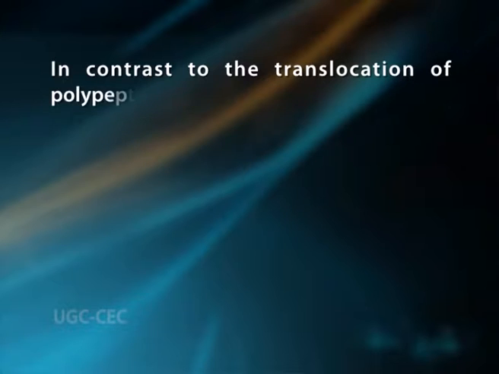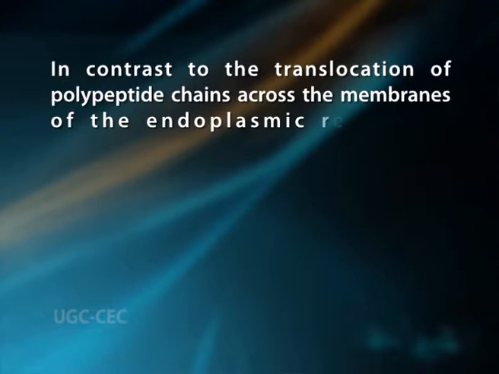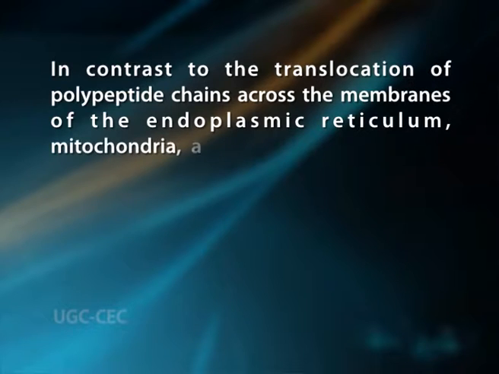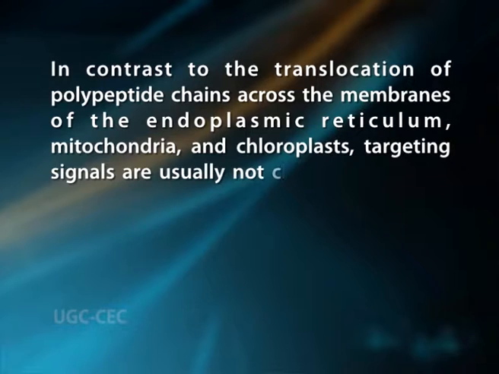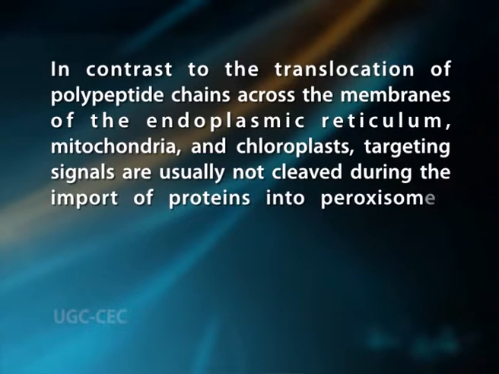In contrast to the translocation of polypeptide chains across the membranes of the endoplasmic reticulum, mitochondria and chloroplasts, targeting signals are usually not cleaved during the import of proteins into peroxisomes.